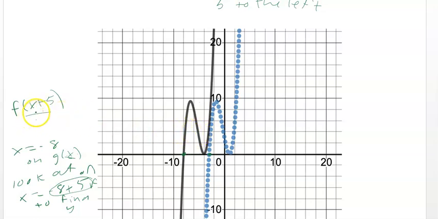Because the change is grouped within the argument of the function, with the independent variable, the x, it affects the horizontal position, but in the opposite way I might initially think. I might think, I've added 5 to x here, so I'm moving everything 5 to the right. You're not. Whatever you graphed for f of x, you're actually going to graph it 5 earlier, which will move it to the left.